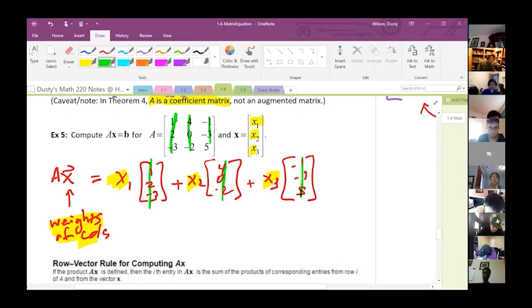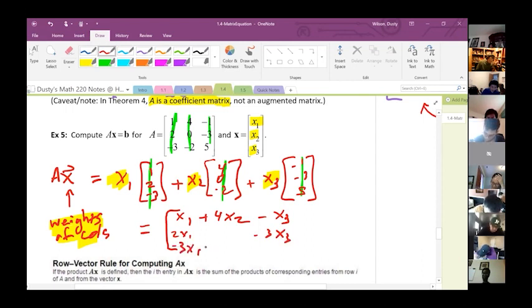And if you wanted, you could bring all this together and write it as a single statement: X1 plus 4X2 minus X3, 2X1 minus 3X3, minus 3X1 minus 2X2 plus 5X3.